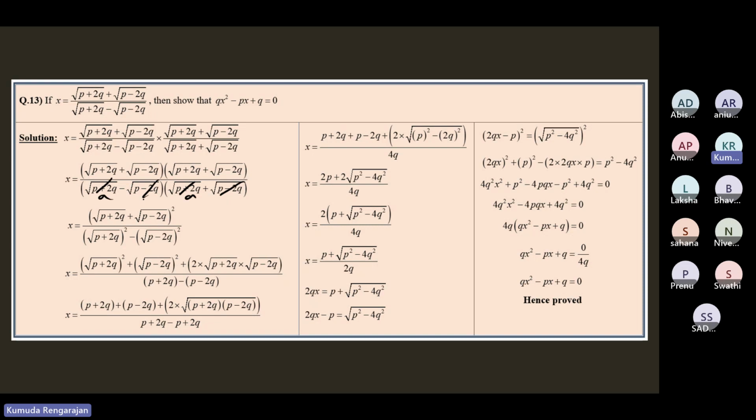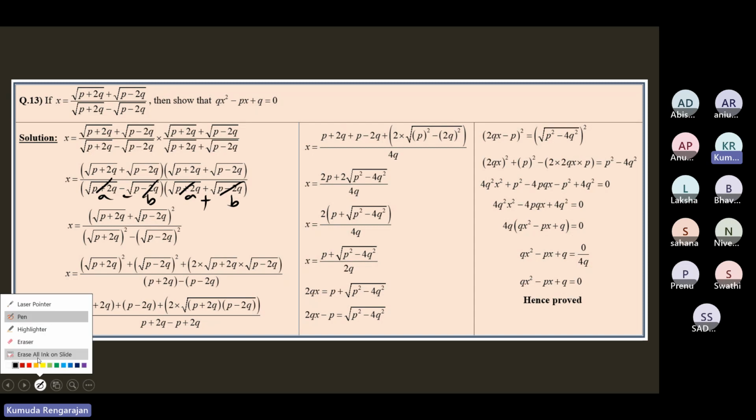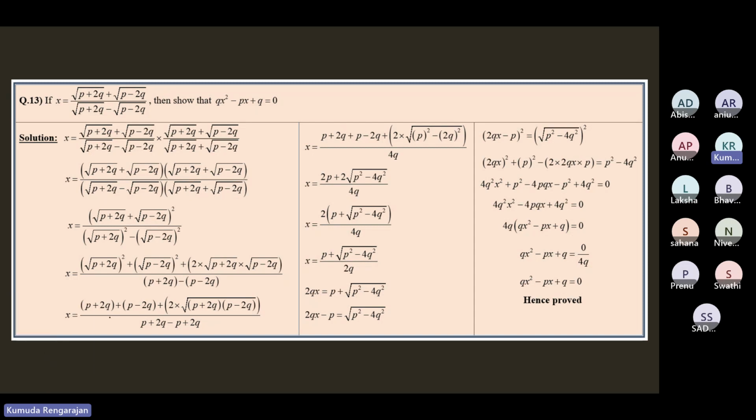Check this and this, they're the same, b. The signs minus and plus. So the denominator is of the form a minus b into a plus b, which is a square minus b square. This is a. See here, a square minus b. This is b square. A square minus b square.